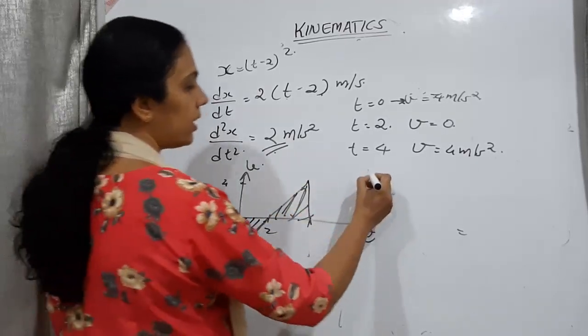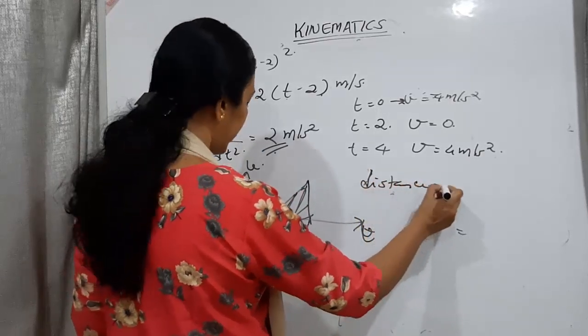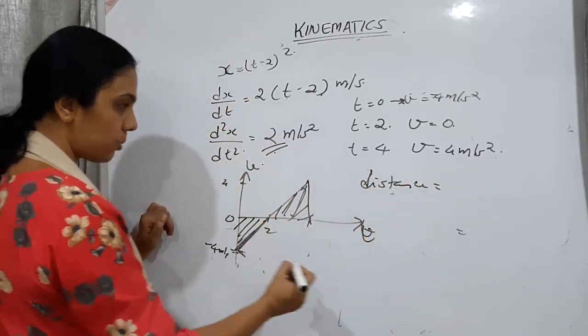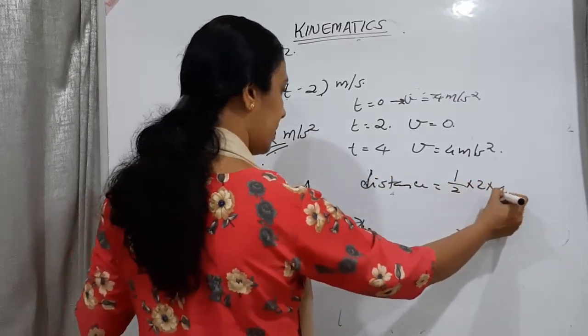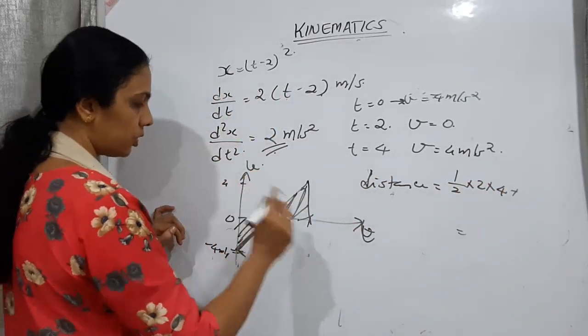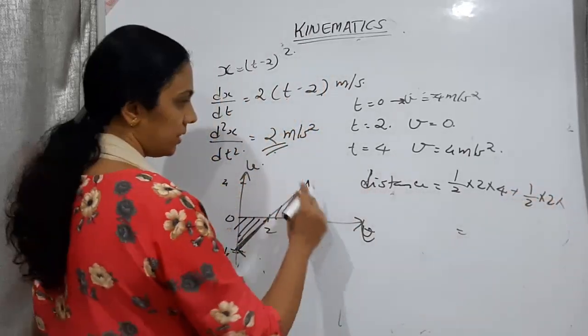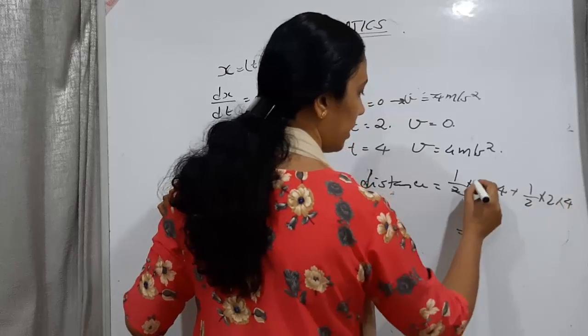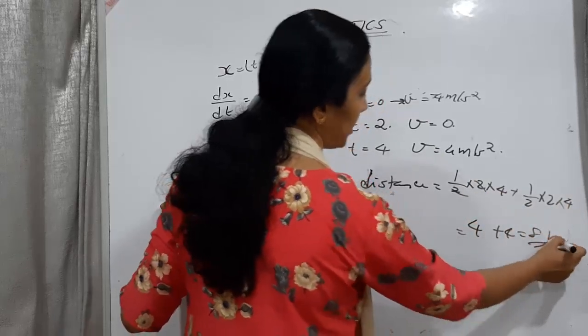The distance covered will be equal to the area under the graph. The area of this portion is half into base into height, plus the area of this portion is half into base 2 into height 4. Therefore, we get 4 plus 4, that is equal to 8 meters.